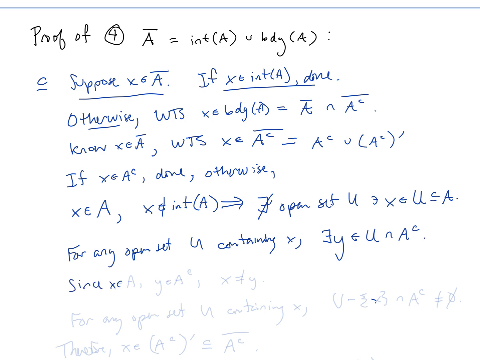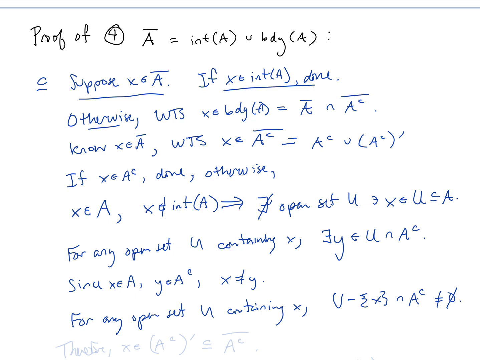Since X is in A and Y is in A complement, that means that X and Y are not equal. So what that tells us is for any open set U containing X, the intersection of U minus X and A complement is not the empty set.